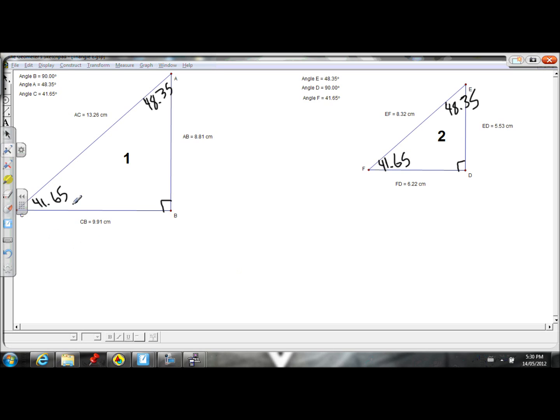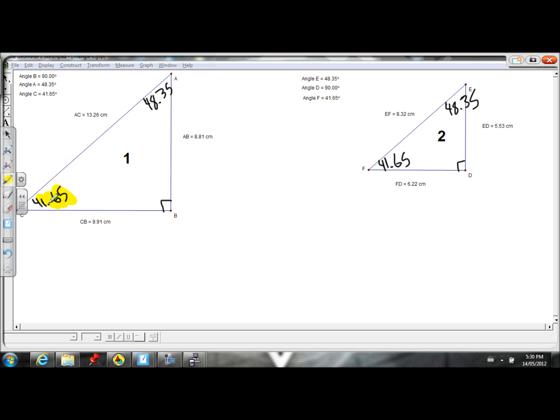We should also remember that similar triangles don't only have equal angles; they also have equal ratios of corresponding sides.